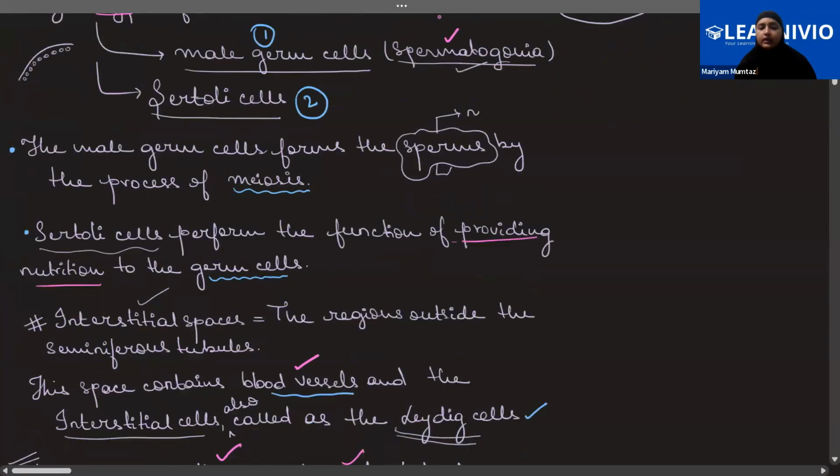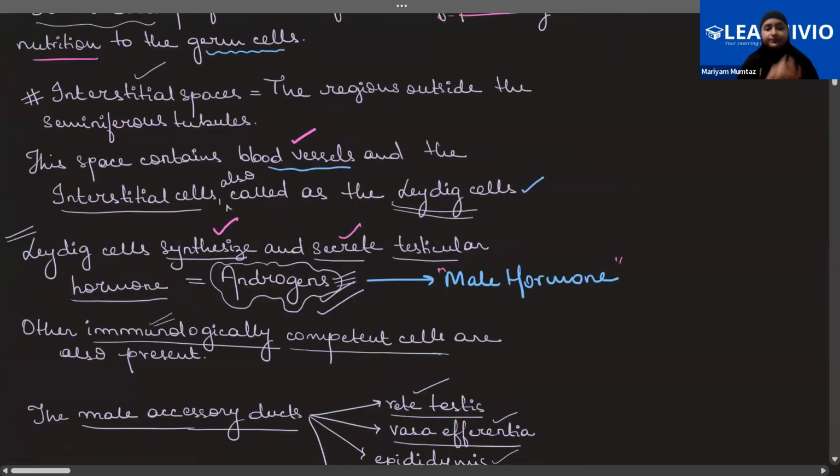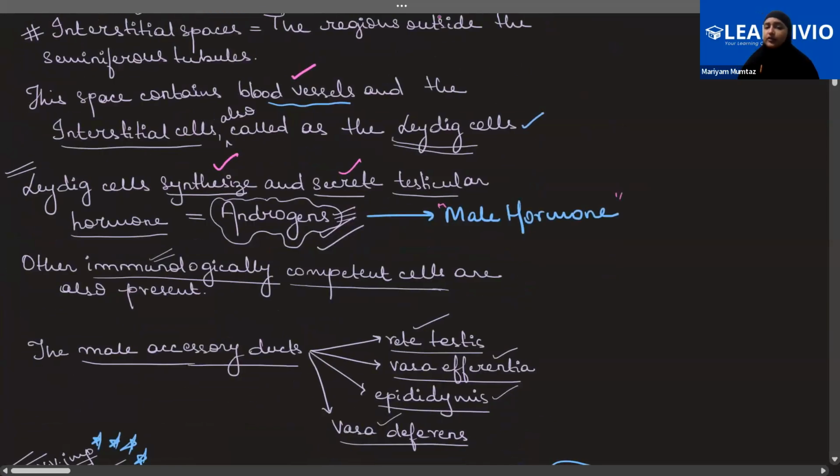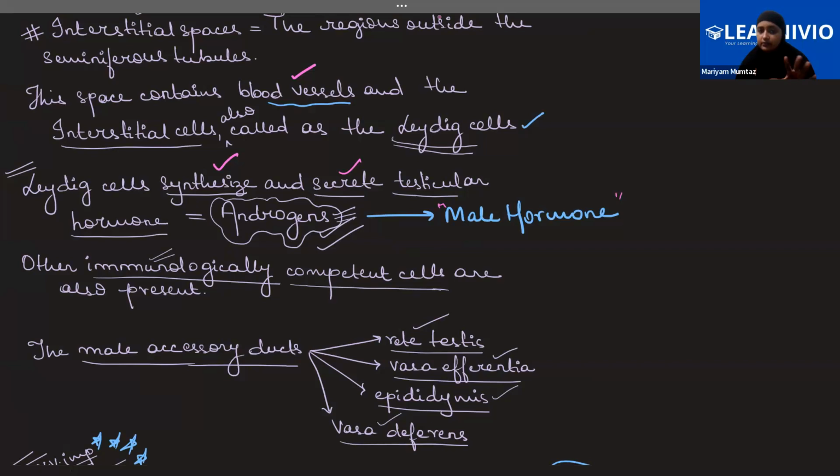Okay. Now, apart from the male hormones or the androgens, apart from all these cells that I've talked about, the interstitial cells, Leydig cells, male germ cells, Sertoli cells, other immunologically competent cells are also present. What do you mean by immunologically competent? How does a cell become immunologically competent?